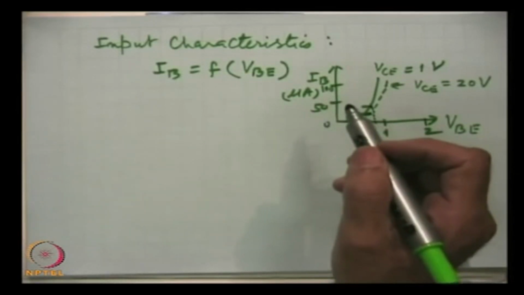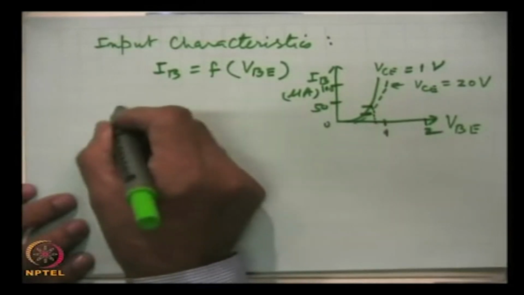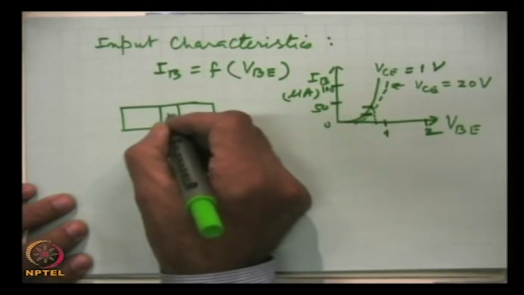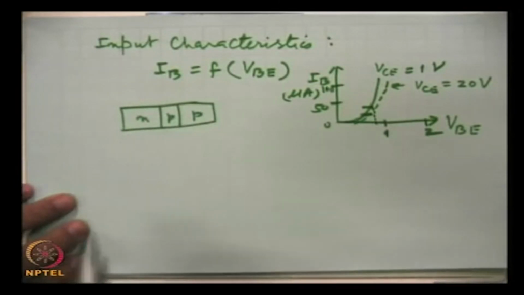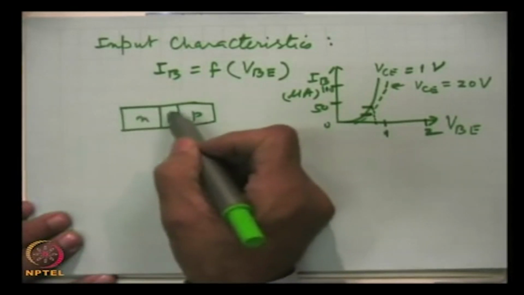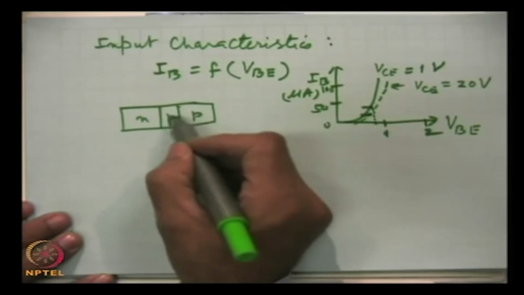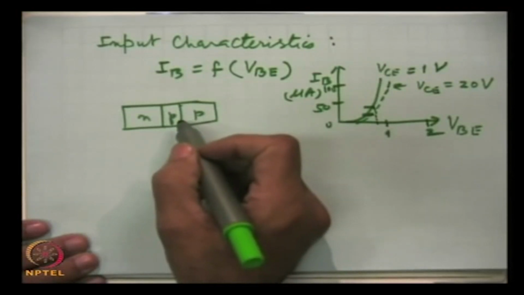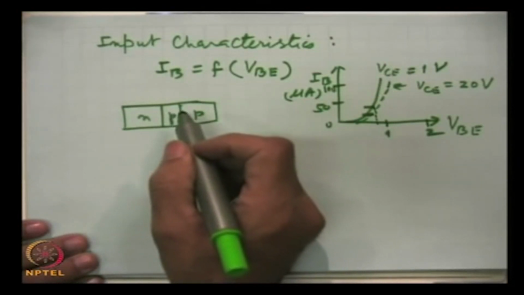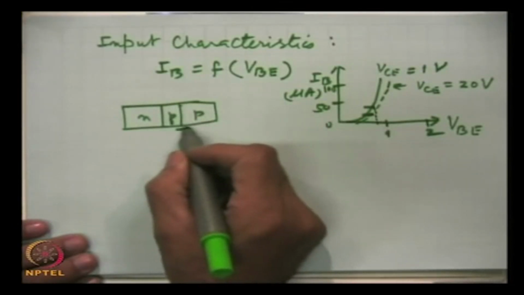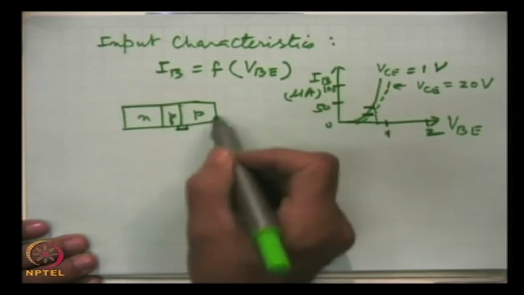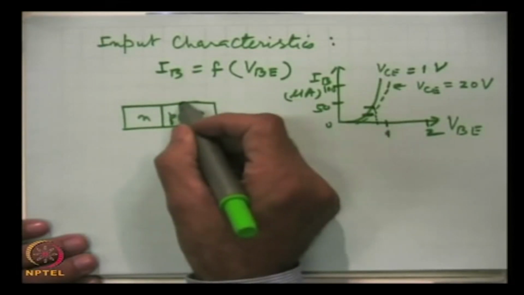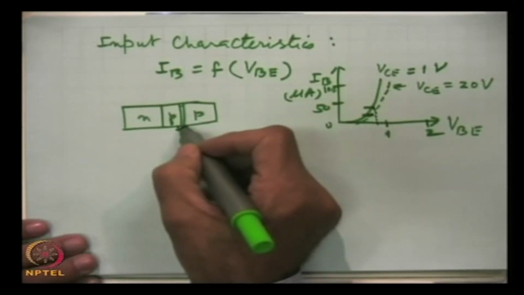Now, this is because of the fact that the depletion width is a function of applied voltage, this we have talked, and here there is one depletion region and this depletion width will increase because this collector junction is reverse bias.